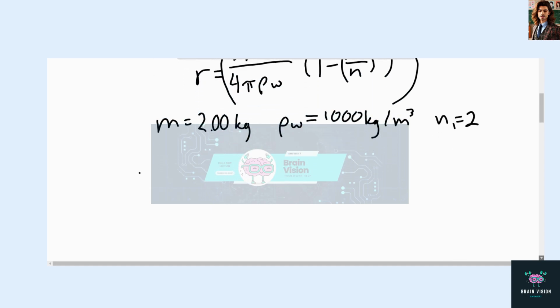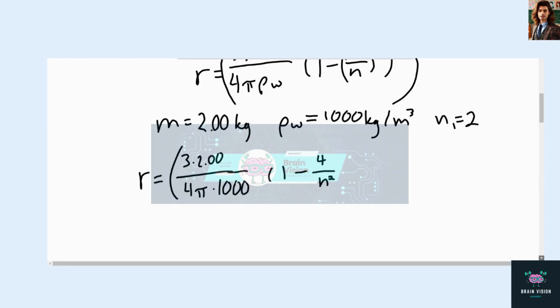And so we get the equation that r is equal to 3 times 2.00 over 4 pi times 1,000. And then we have an open parentheses, and then 1 minus 2 squared, which is just 4, so I'll write it as 4, over n squared.